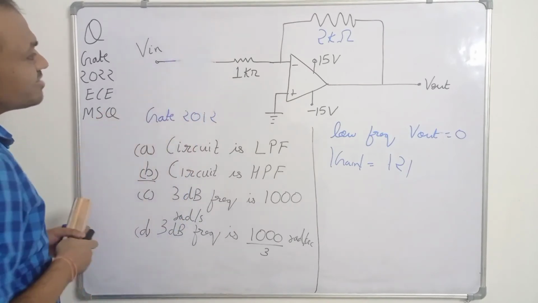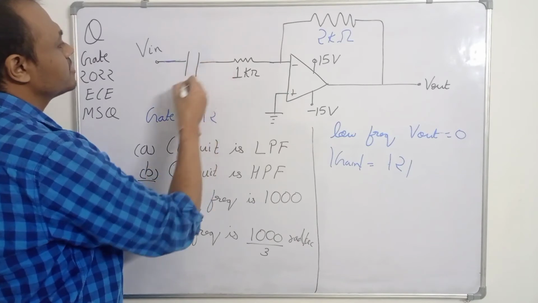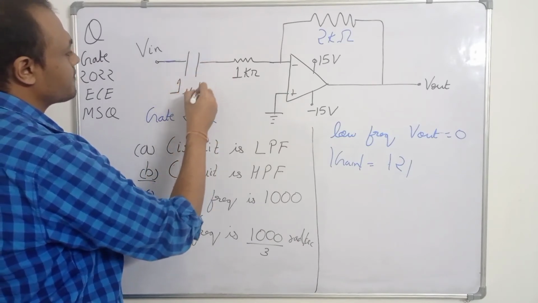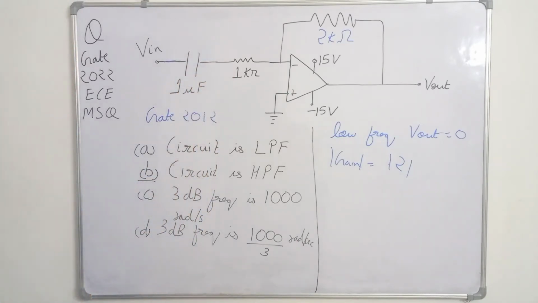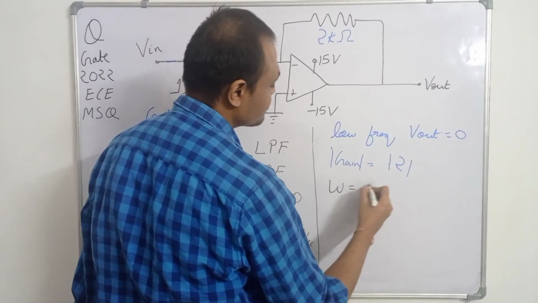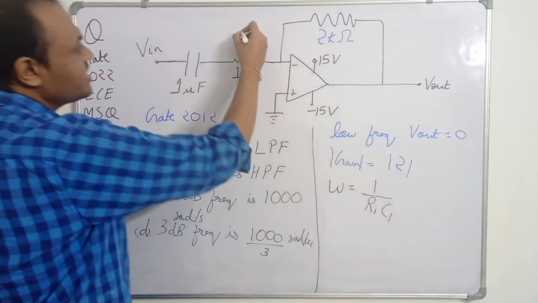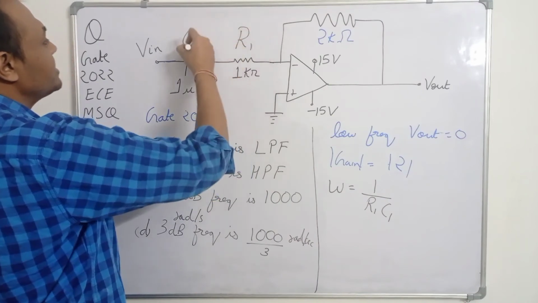Now this capacitor value was given to us as 1 microfarad. So for finding the 3 dB frequency, the 3 dB frequency is given as 1 upon R1 C1, where R1 is 1 kilo ohm, C1 is 1 microfarad.